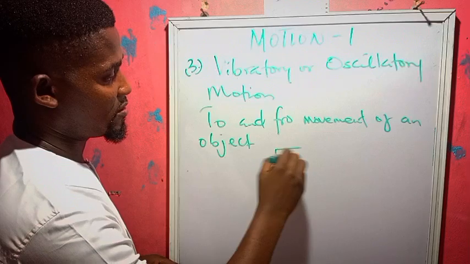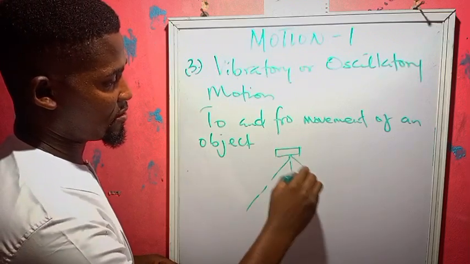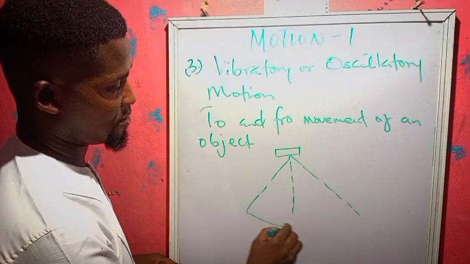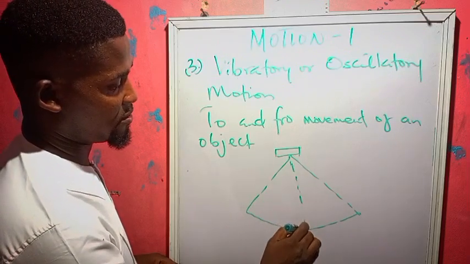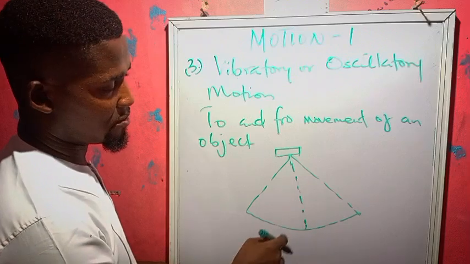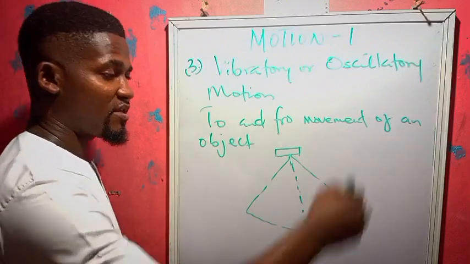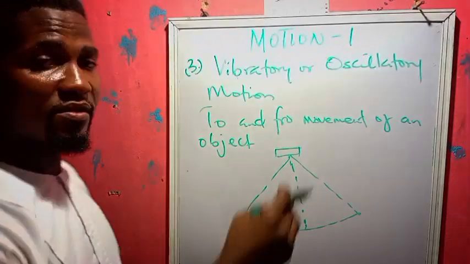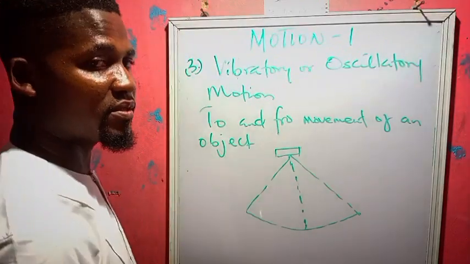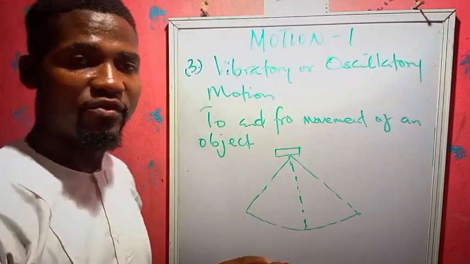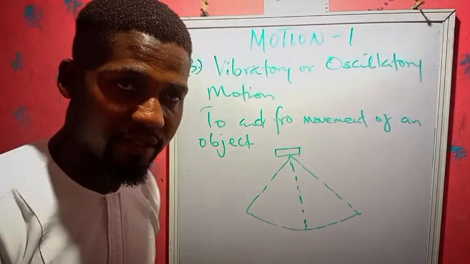Let's say from here we have something like this, and the motion goes like this, with the center from here to here. That is oscillatory motion. We also have vibratory, still under this to and fro movement, like the vibration of the skin of a drum. We have that under vibratory or oscillatory motion.